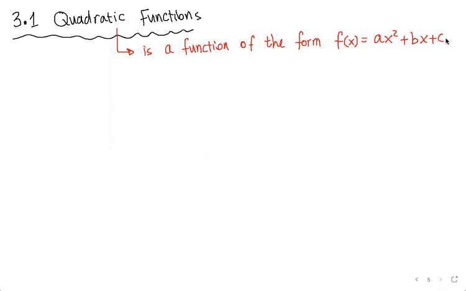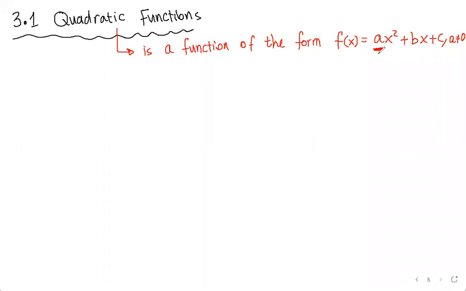Here a must be not equal to 0. So a function of the form f of x equals ax squared plus bx plus c with a not equal to 0 is a quadratic function.